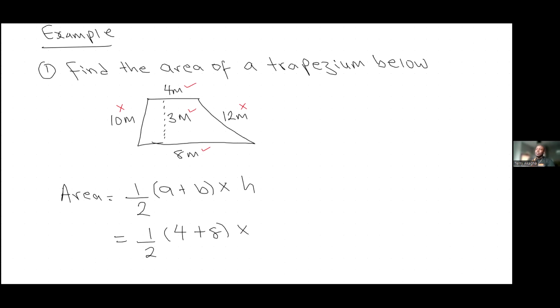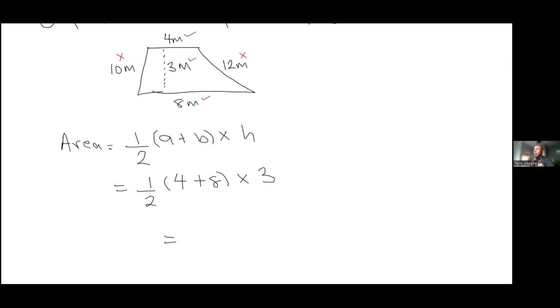So you don't need the 10 and you don't need the 12. When you press this in your calculator, this should give you 18. It's going to give you meters squared. And that is how you find the area for a trapezium.